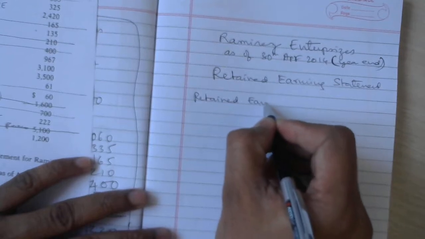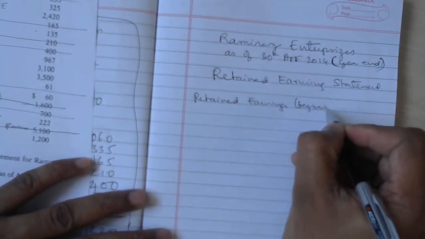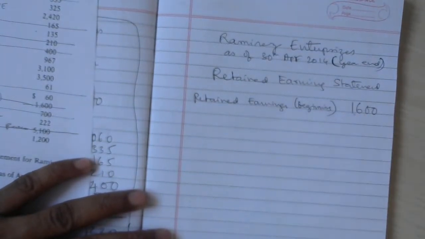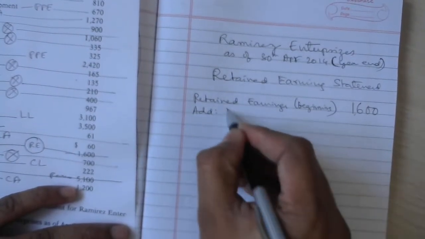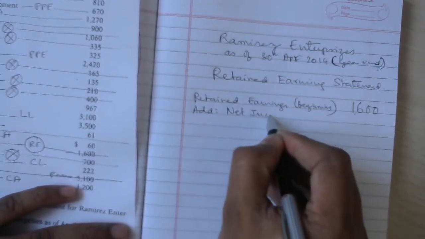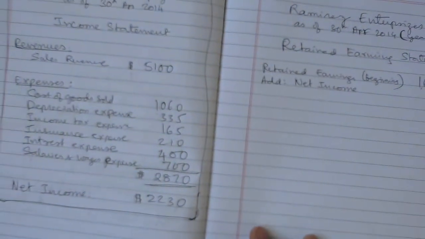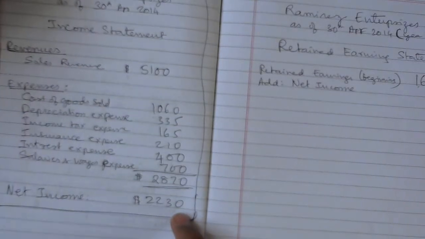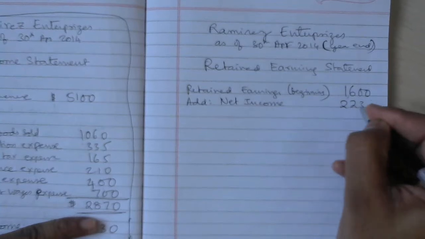Retained earnings, beginning. Next, I will add the net income. The bottom line of your income statement is net income 2230, so that net income will be added here.